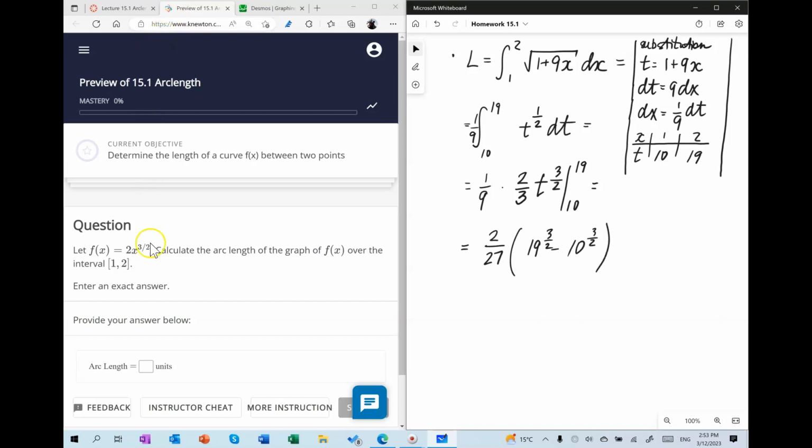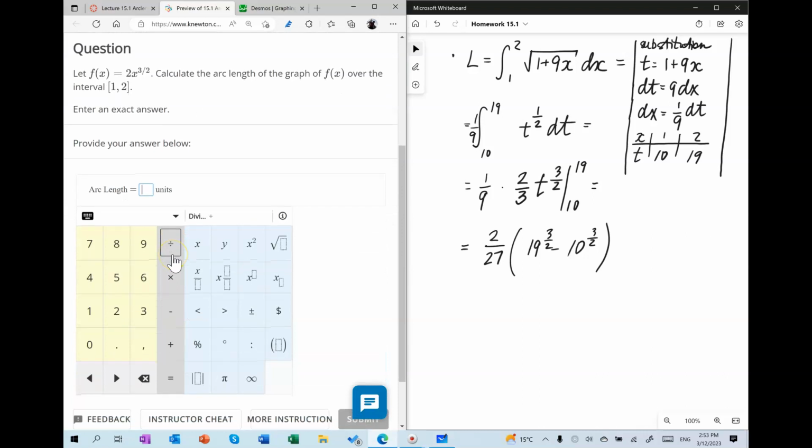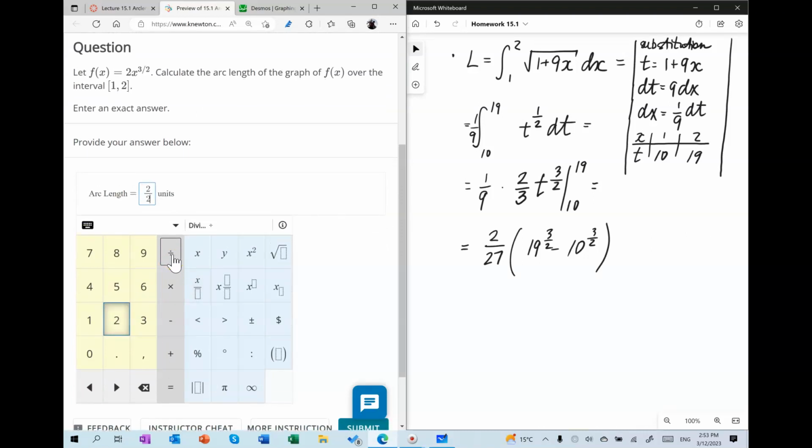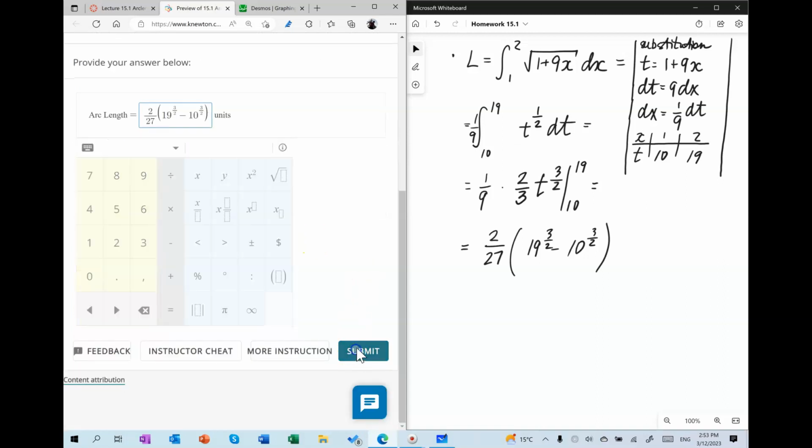We are asked to enter the exact answer, so we're going to enter this exact expression: 2 over 27, 19 to the power 3 halves minus 10 to the power 3 halves, and that should be it.